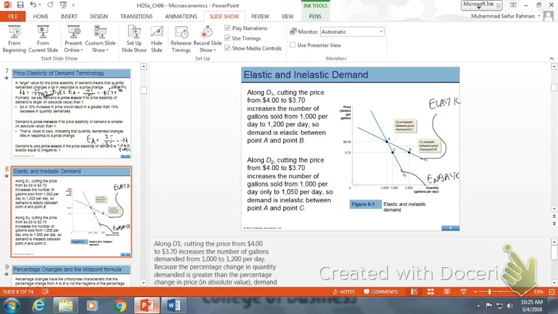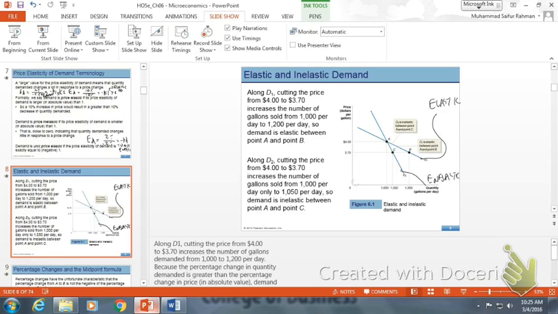So people have come up with a slightly refined measurement of calculating price elasticity of demand. It still does not really resolve the problem that your elasticity of demand depends on where you start and where you end up, but it does a better job.